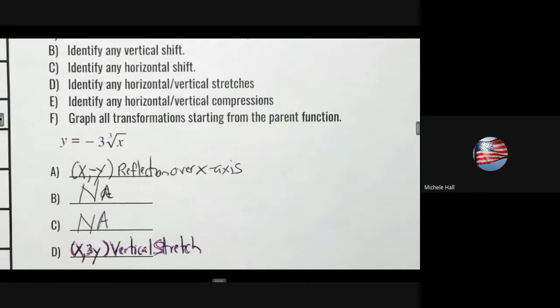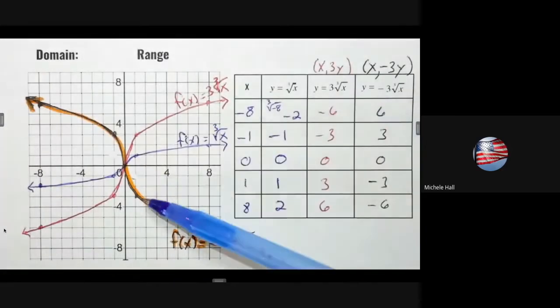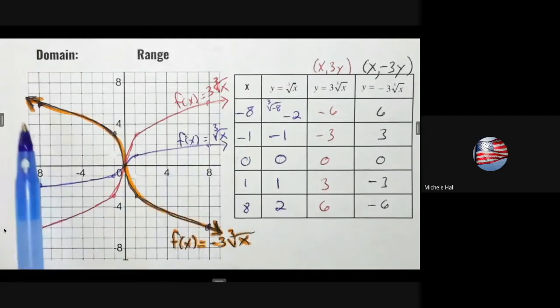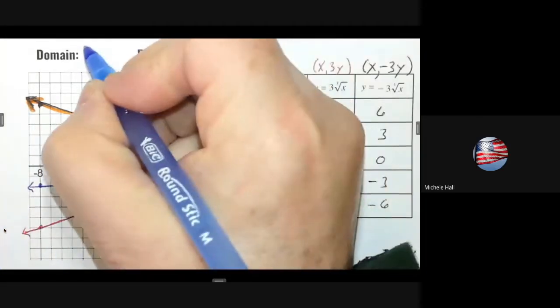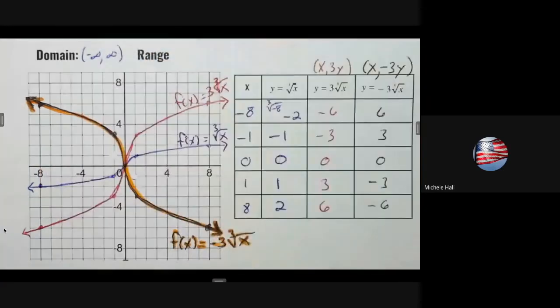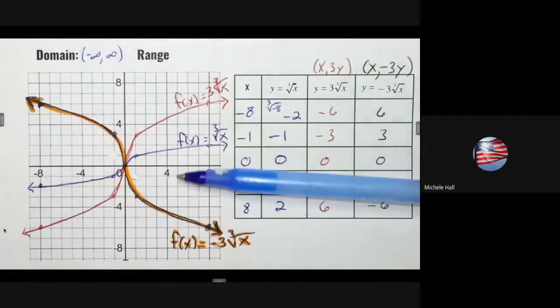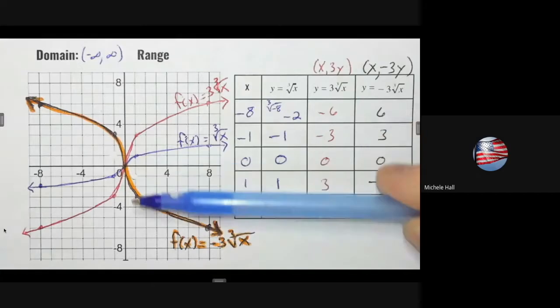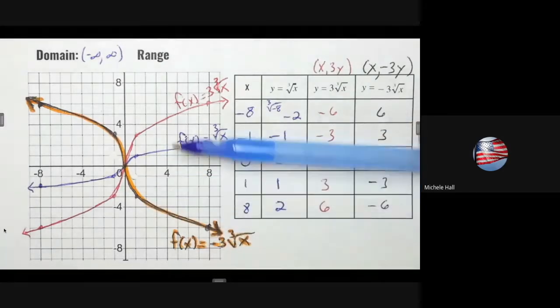And that is it. The domain of the final function is going from -infinity all the way to +infinity. The range is also going from negative infinity to positive infinity.